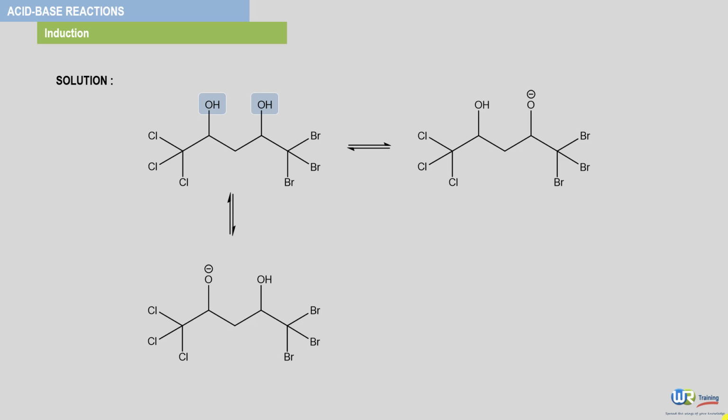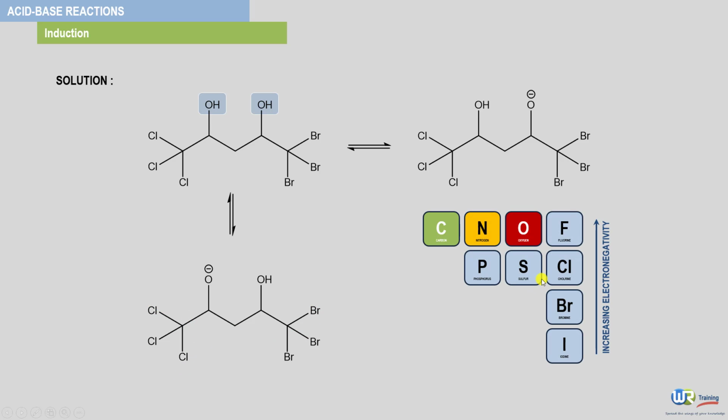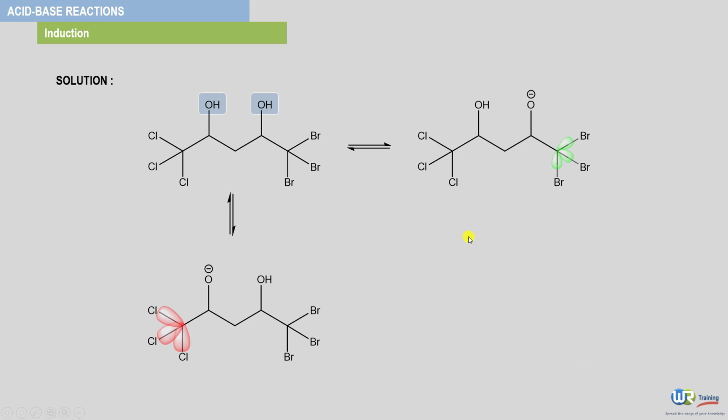And the interesting fact to notice regarding induction is that it is involving two different electronegative atoms, chlorine and bromine. If you recall from the periodic table, chlorine and bromine are situated in the same column. Electronegativity increases when we go from down to up. Therefore, this means that the chlorine is more electronegative than bromine.